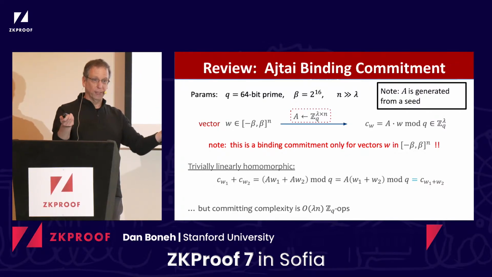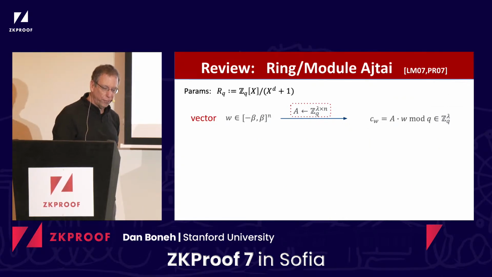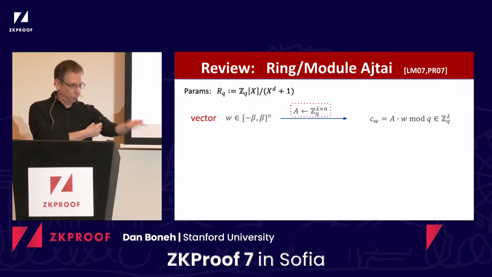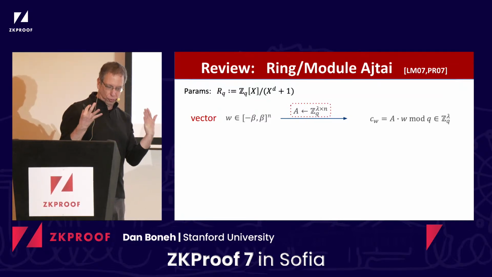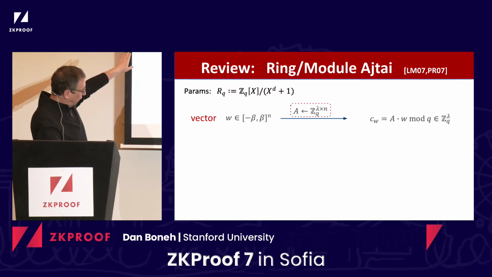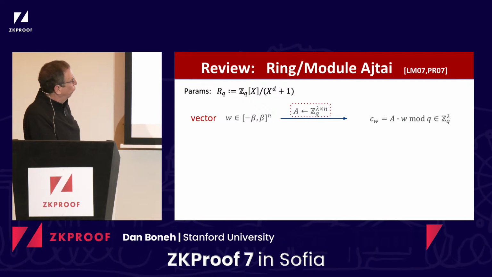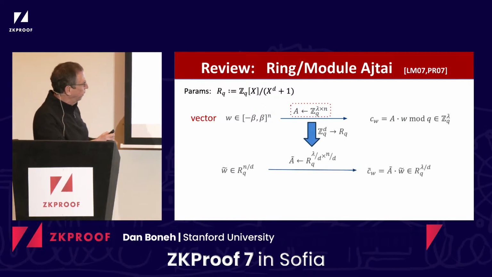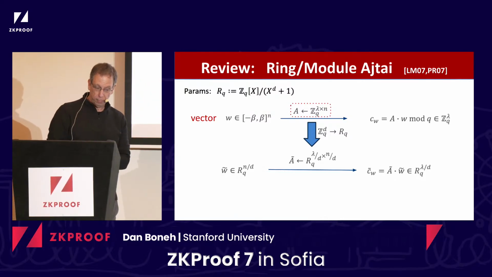Yeah, you move to rings. Exactly, rings. Rings are our friends, right? So instead of working over ZQ, we're going to use an RQ. I just want to stress why it is so useful to move to a ring. Instead of doing a matrix vector product with the vector and the matrix over ZQ, we do a matrix vector product where the vector and the matrix are all elements in our ring.